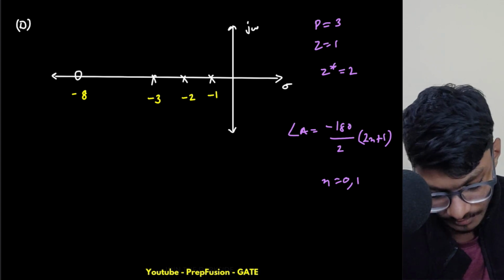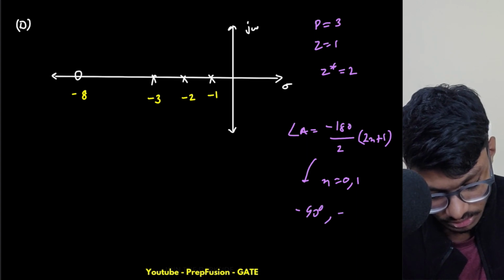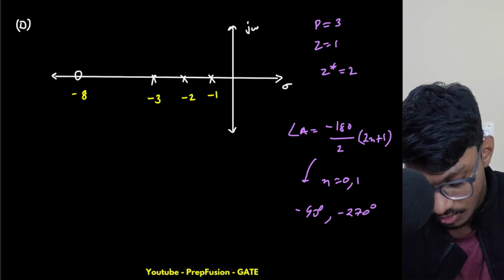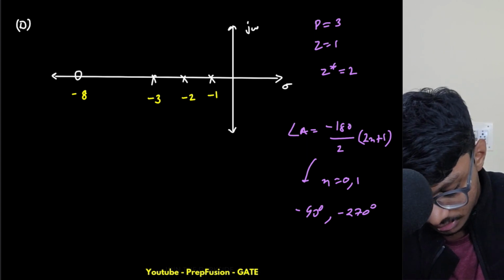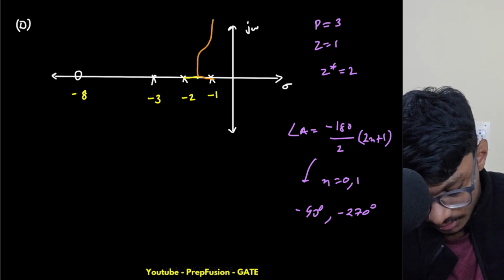So basically it will be 90 and 270. Now obviously this will break away like this, come over here, and I am not drawing the exact thing, I'm just drawing an approximation.